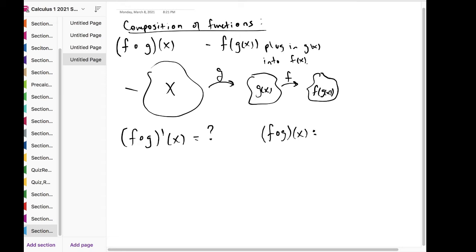It is defined as, if you have a value f of g of a, you plug g of a into f. So knowing how to find the function at a point, now we can use our derivative formula. So let's do it.